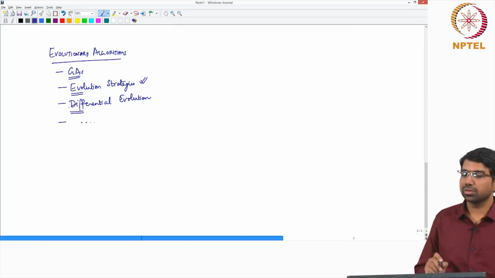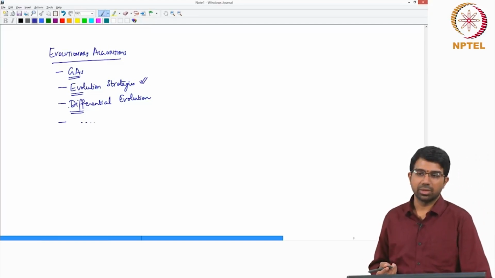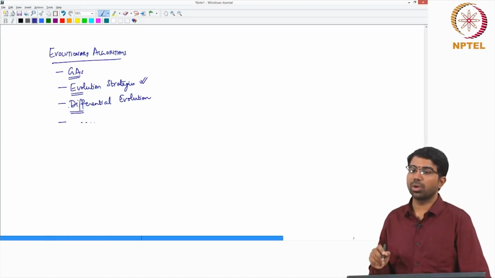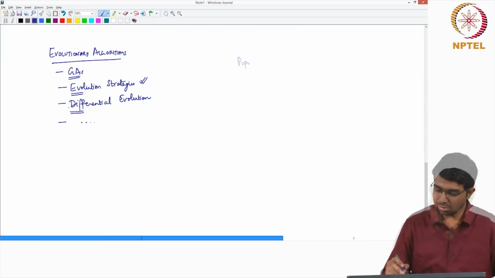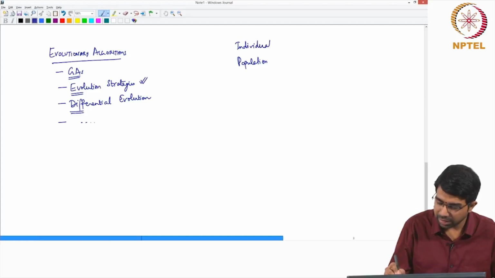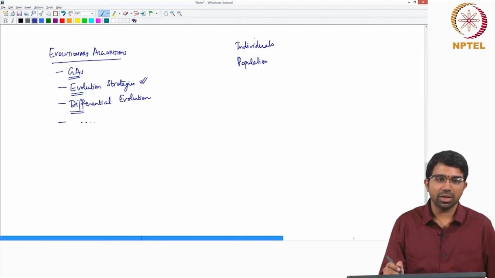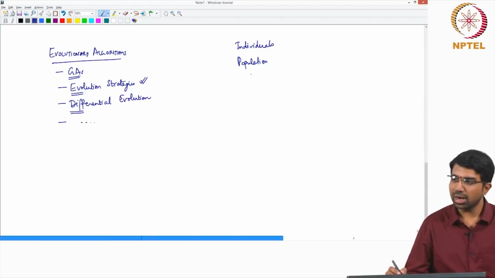For this, first we need to understand the various concepts of evolution. The first important thing about evolution is it happens only in populations. So you need a population, and every population is essentially made up of individuals. And how does evolution occur? It happens via mutation, crossover and such.